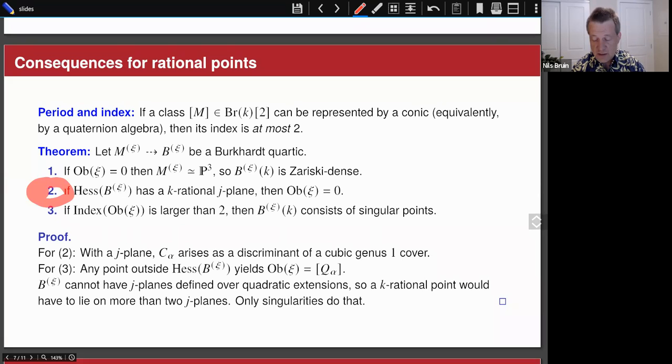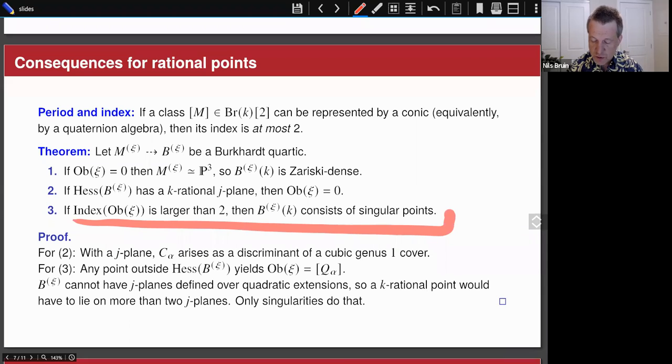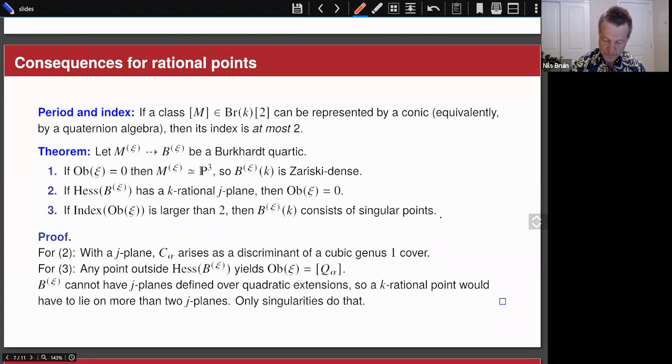The J-planes all must form larger Galois orbits, which means that if you have a point that lies in the Hessian locus, and that is rational, Galois stable, it would need to lie on at least 3 J-planes, and only the singularities do that. So having index larger than 2 here puts severe restrictions on the rational points that would be able to exist on such a twist of the Burkhardt.